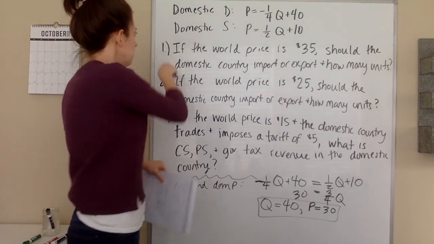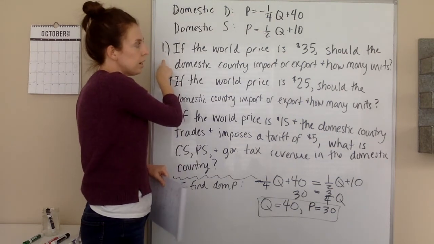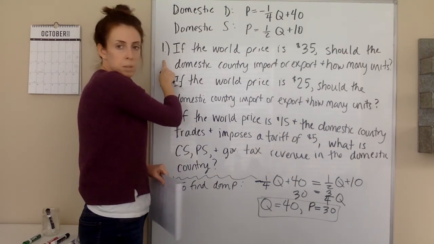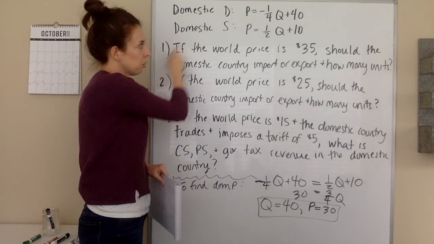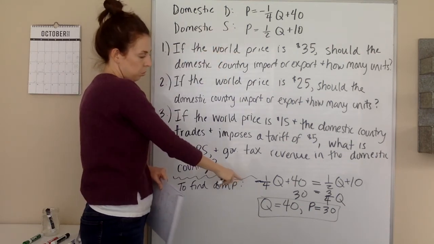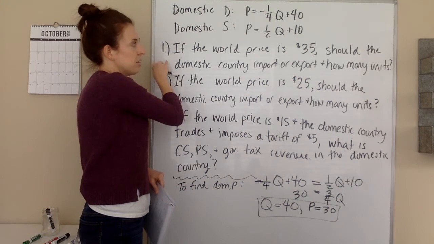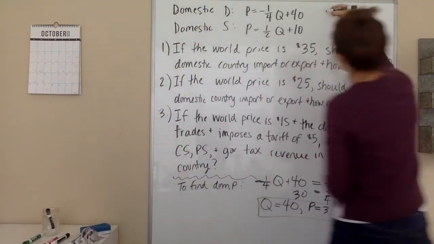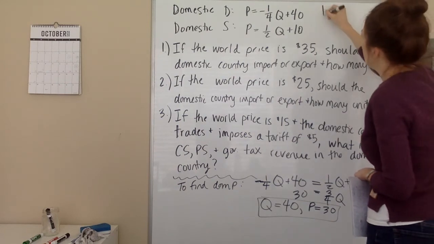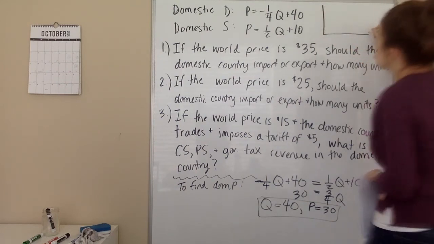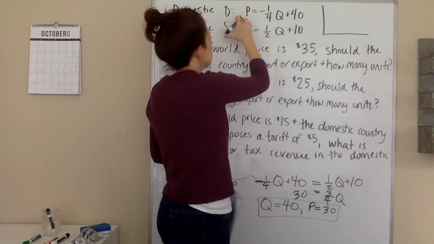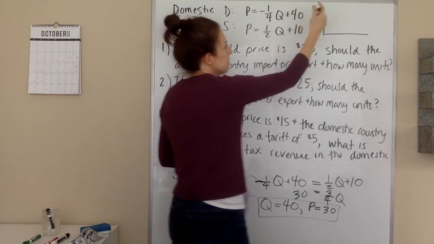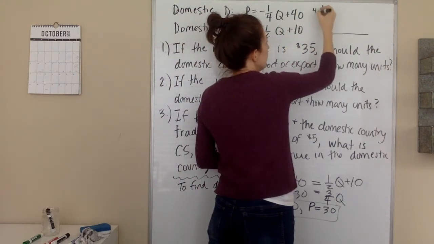Okay, now let me help you with number 1. What's going to be easiest to do is to plot this with the equilibrium and then add in the components. So on your piece of paper, draw this large. I don't have space to draw it large. But what you need to draw is the domestic demand, which has an intercept at 40.